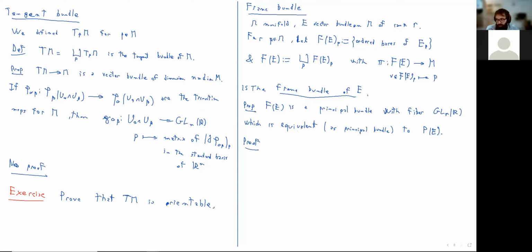So first of all, how do we act? GL(R, R) acts on the right on F(E)_X as follows.